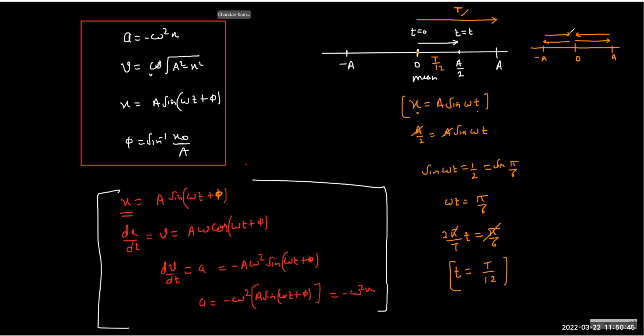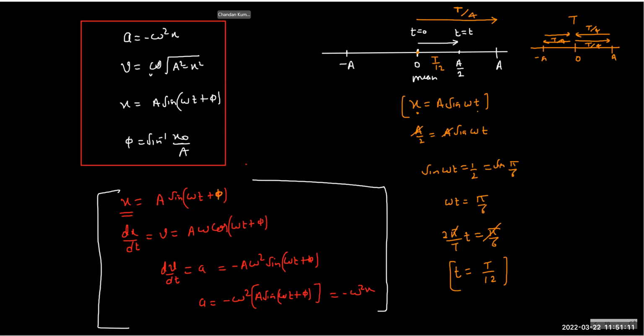And this 4 step is capital T. So each step is T by 4. Do you realize this? So the distance between the mean and extreme is the same on both sides. So the time taken is always 1/4 of the total time period.